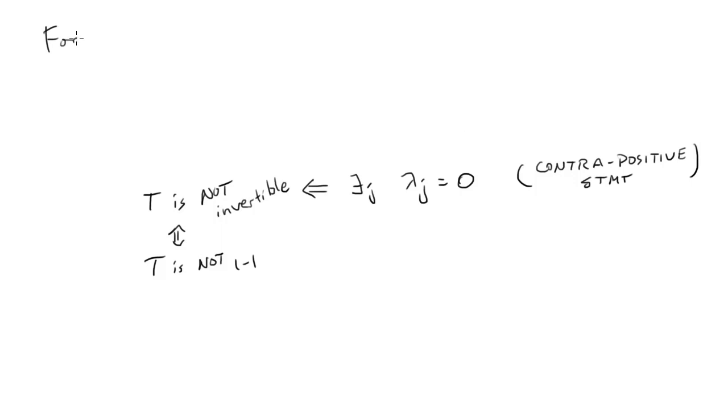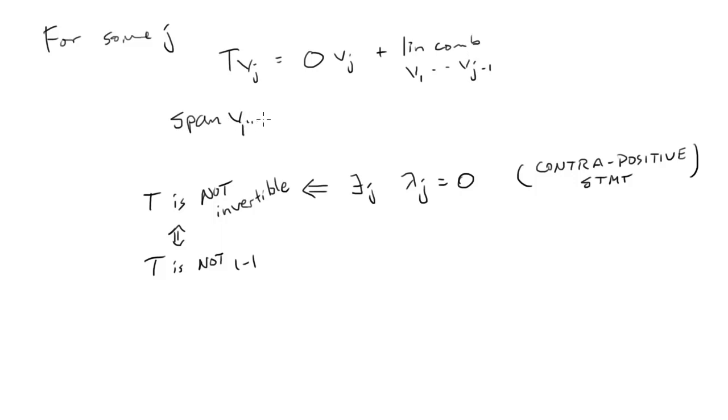So for some j, lambda j is 0. T v_j then is 0 plus a linear combination of all the preceding terms. We just saw that T of v_j is in the span of v1 to vj, but that means the span of v1 to vj gets mapped to the span of v1 to vj minus 1.